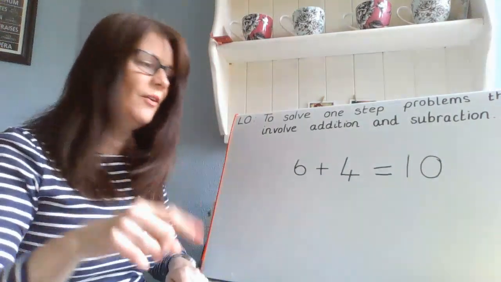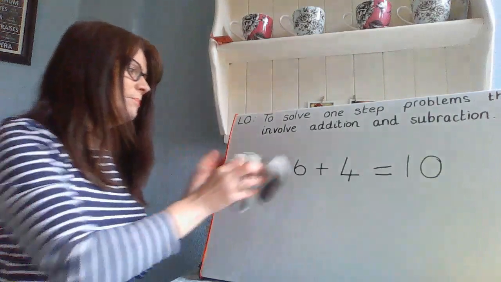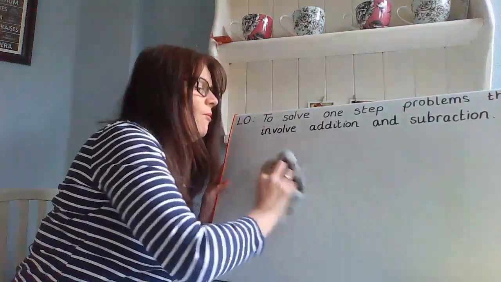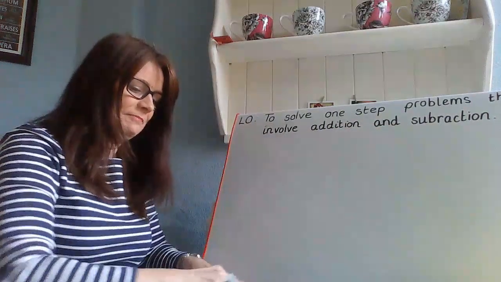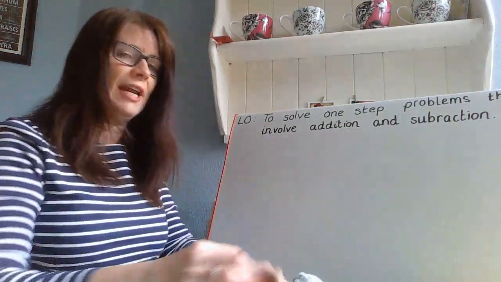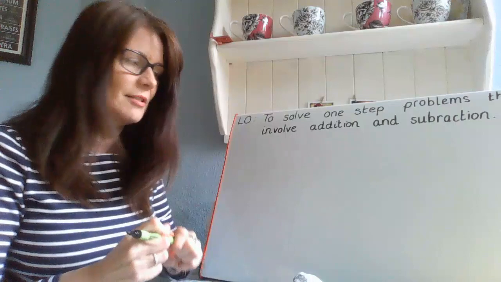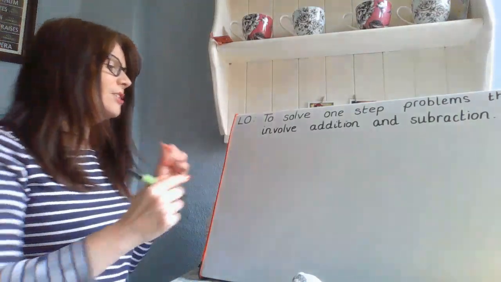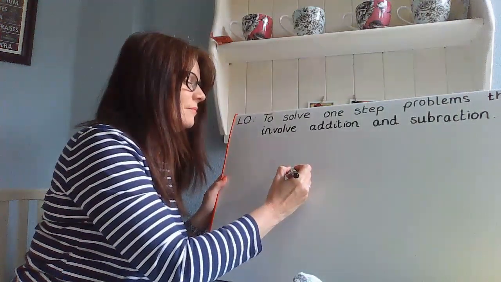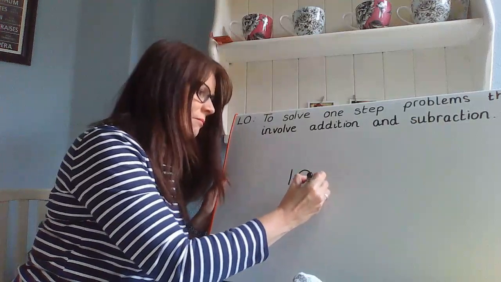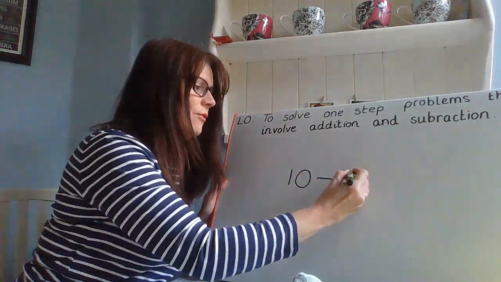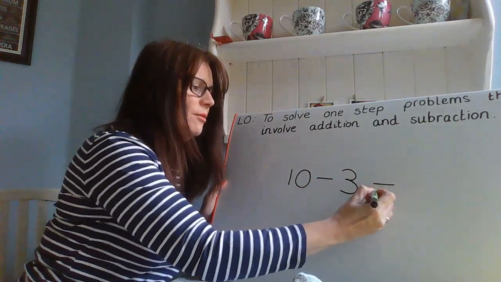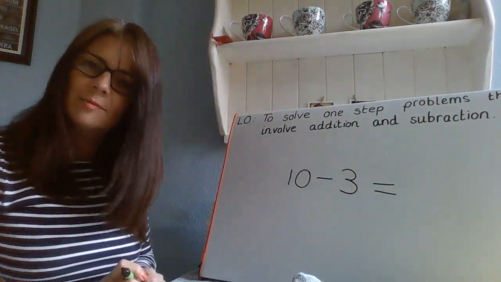So, now hang on. What if our number sentence wasn't addition, but it was subtraction? Okay, let's try a subtraction sum. Let's try 10 subtract 3.